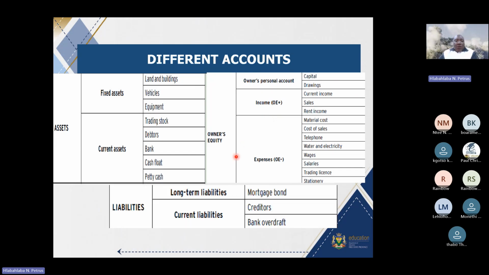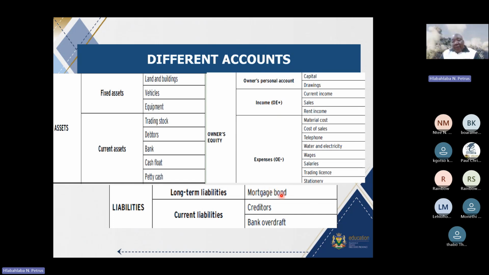And lastly, we have liabilities. Under the liabilities, we will have long-term liabilities and current liabilities. Under the long-term liabilities, we'll have what we call a mortgage bond. These are accounts that you will find when you go to grade 9, grade 10, grade 11.